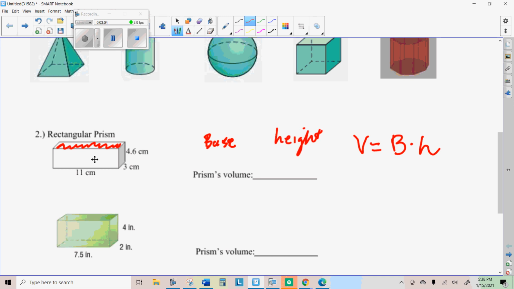Okay, so on this, the part that I shaded red there, it's 11 by 3. So that base area, since it's a rectangle, we just do 3 times 11, which is 33. And then the height is the other dimension that goes between the bases, which is this line right here, between the top and the bottom, which is 4.6.